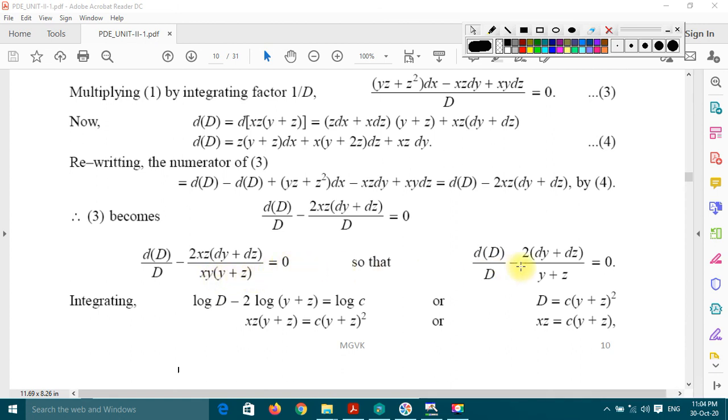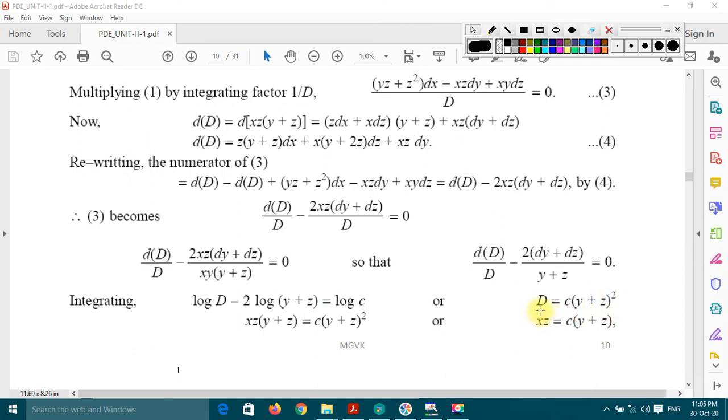So after simplification, we get dD upon D minus 2 dy plus dz upon y plus z is equal to 0. Now we integrate it, then we get log D minus 2 log y plus z is equal to log c. So log capital D is equal to log c plus 2 times log y plus z, meaning log D is equal to log c plus log y plus z whole square, which is equal to c into y plus z whole square.